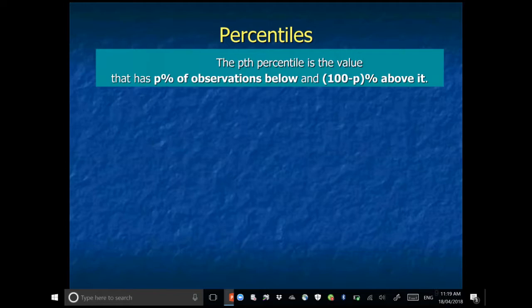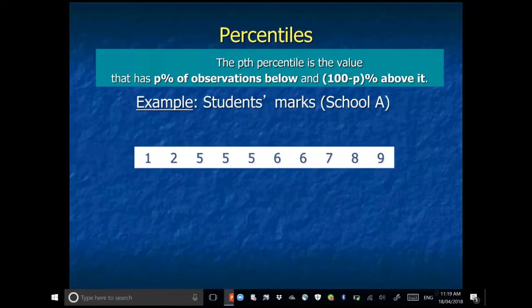For example, if somebody has got a 95th percentile score in an exam, that simply means that he or she has scored more than 95% of the students who appeared in that exam. Or in other words, he or she is in the top 5% of students. Okay, so percentile is another way of describing what a particular number's position is in the whole distribution.